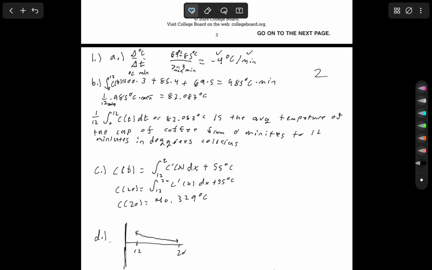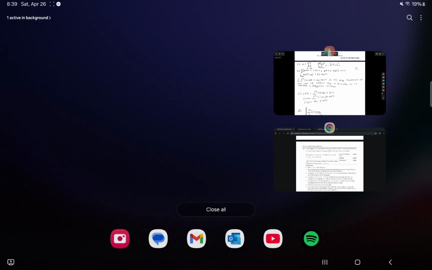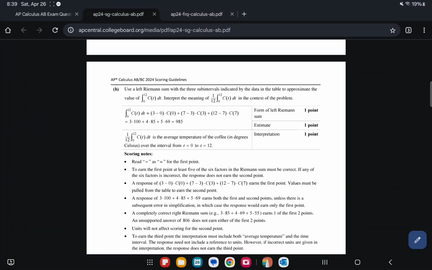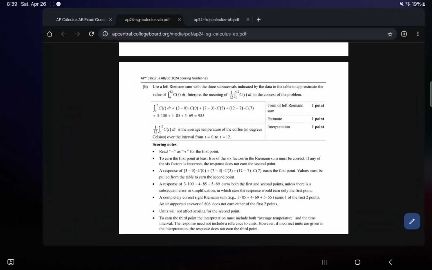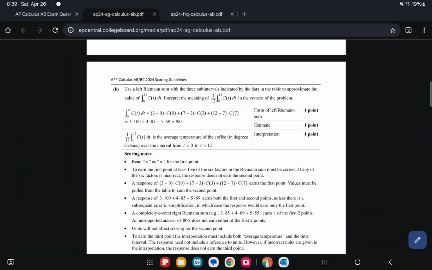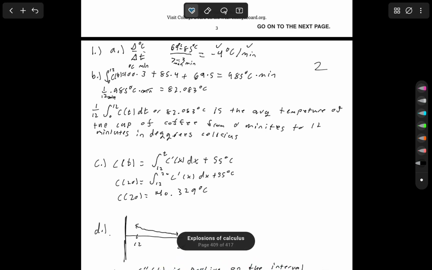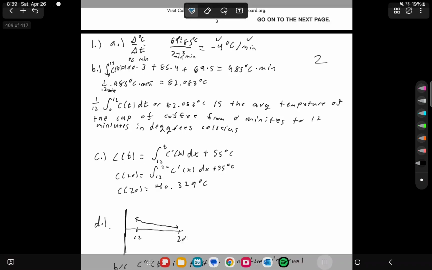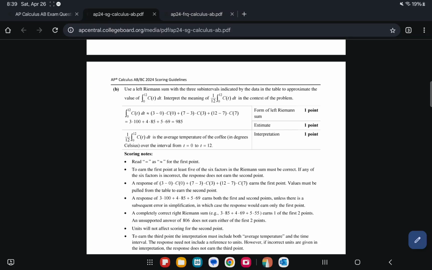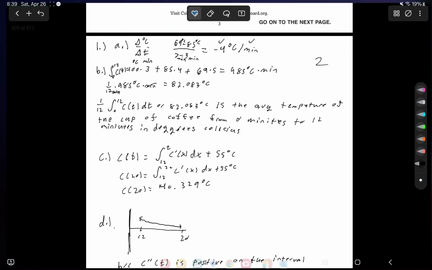And I said it's equal to, but it can equally be read as approximated by 3 minus 0, c is 0. They kind of did it a bit differently from how I set it up, but we got 3 times 100, 4 times 85, and 69 times 5. And they got an answer of 985. So that gives us the first point.